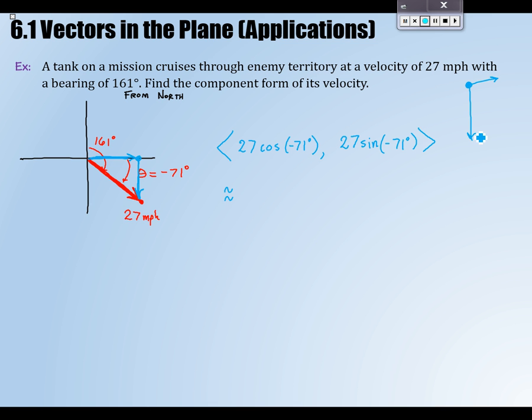Yeah. Go ahead, Jim. So when you're writing the 27 cosine of negative 71 degrees, do you write 27 miles per hour cosine? Yeah, it is actually 8.79 miles per hour in the x direction. Yeah, but are you supposed to write it when you're writing? Yeah, I mean, technically, I don't know if I would take off for it necessarily, but technically, yeah.